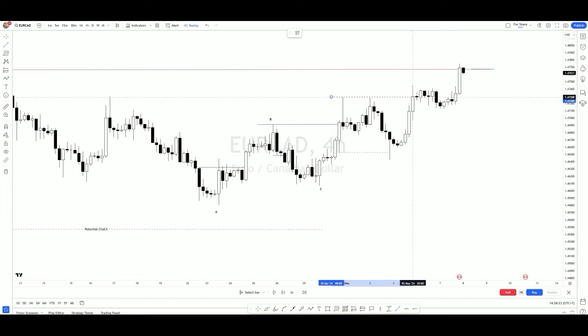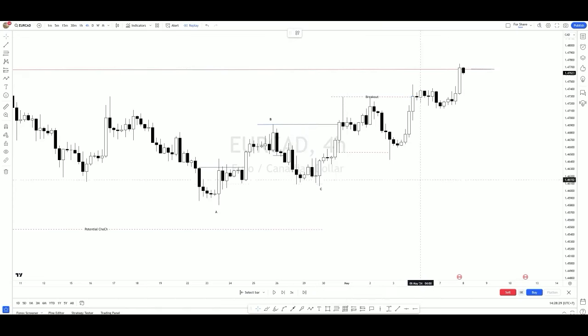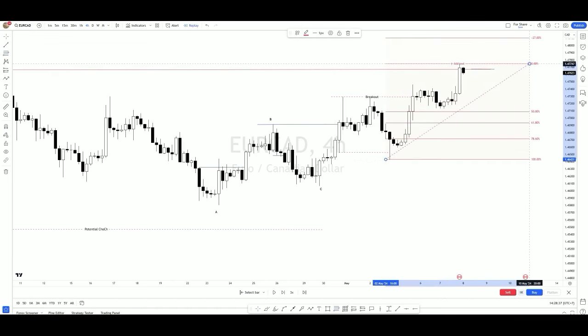It's just a small part of the body, and I have a breakout. Having a breakout like this, I can again use Fibonacci from here to the highest point of the market, get my discount zone, wait for the market to drop, and place a pending buy at 50% or 61 or 78.